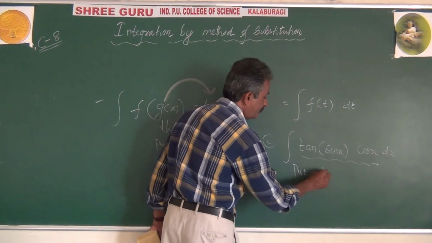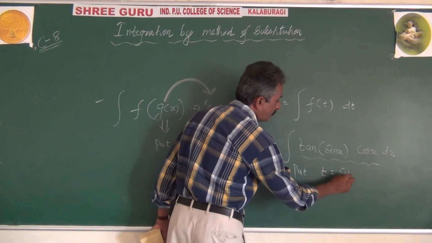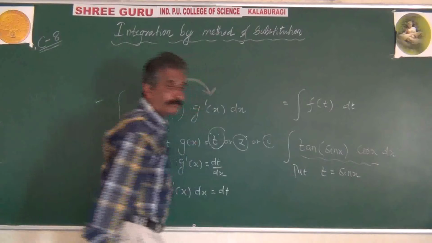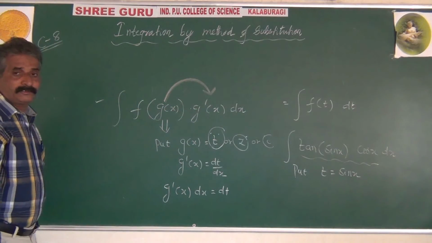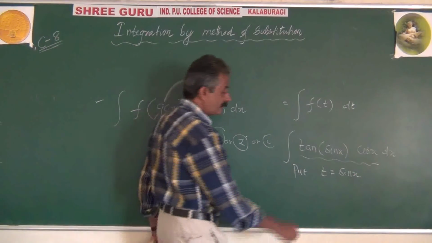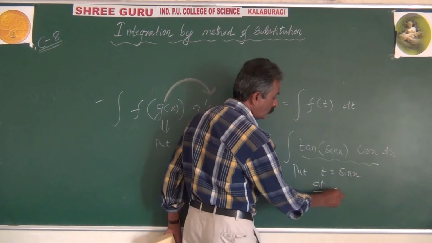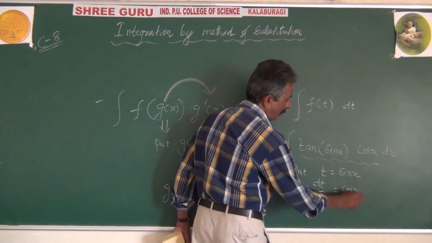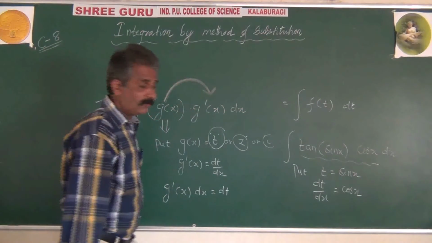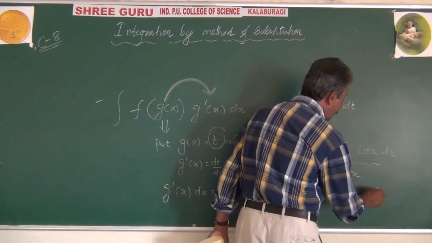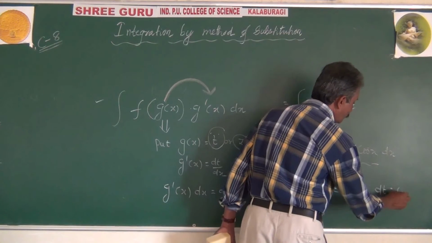Put t equal to sin x. This is an appropriate substitution. And after that, differentiate: dt by dx equal to cos x. Or only dt becomes cos x into dx.